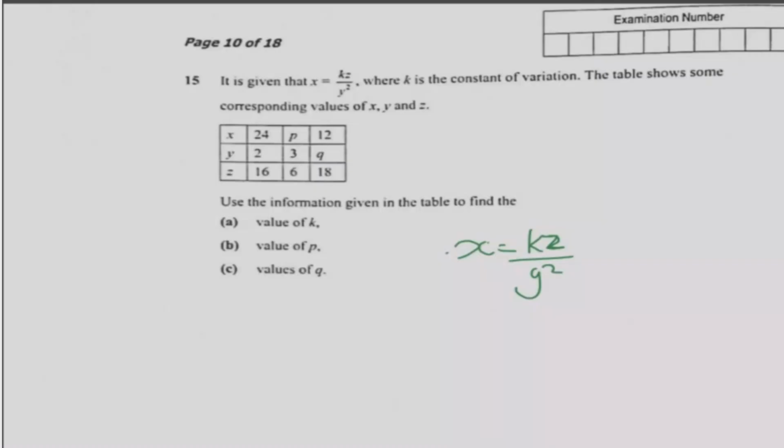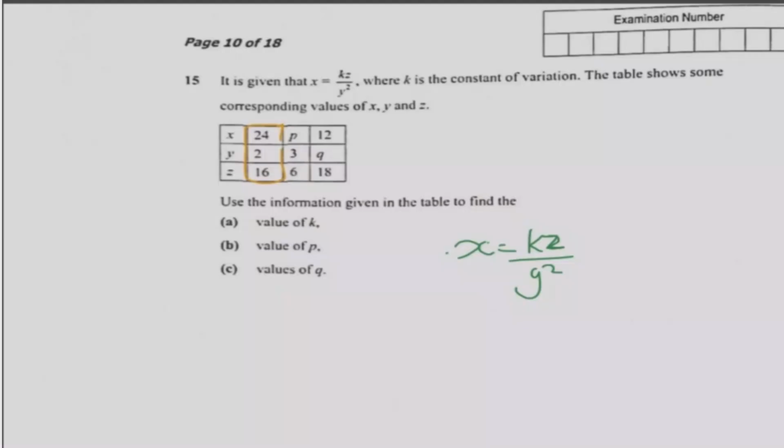What you can do is first look at the table and identify the column that has all details given, and you can see that the first column has all the details given, which is the value of x, the value of y, and the value of z. So now we just replace the letters by their values.